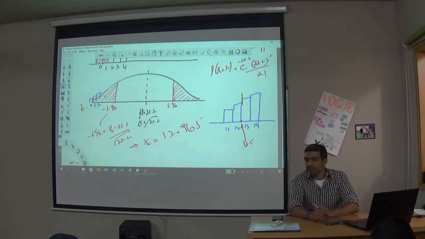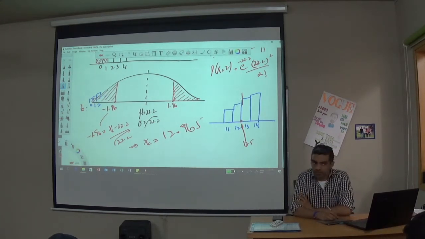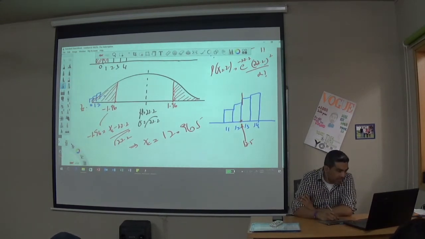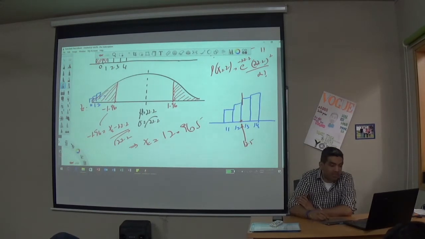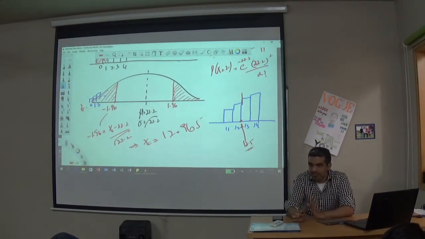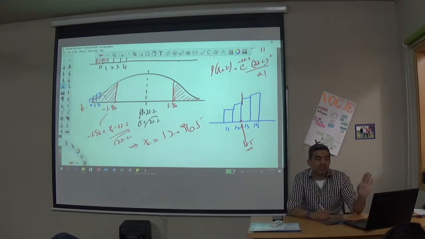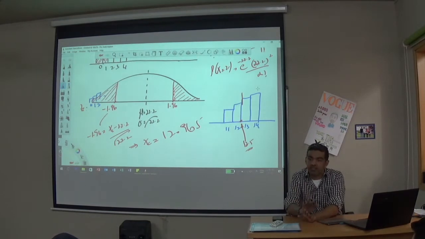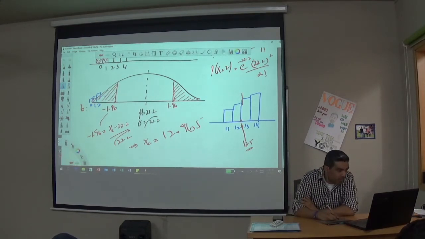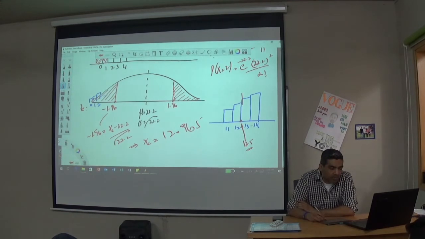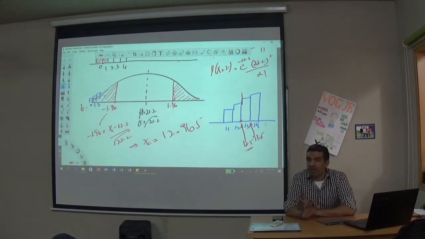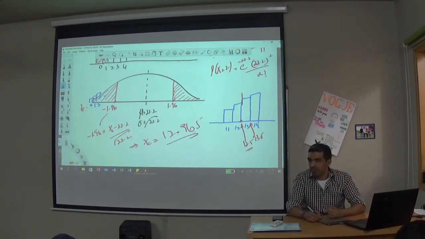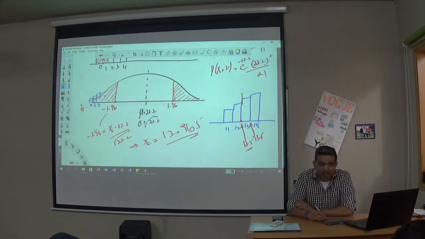So, if this rejection region includes the 12th bar completely, that means this boundary value has to be more than 12.5. Agreed? Now, if this rejection region has the 13th bar also within it, that means this boundary value includes 13.5 also inside. This boundary value ends at 12.965. Definitely it has crossed the 12.5, it is somewhere here.